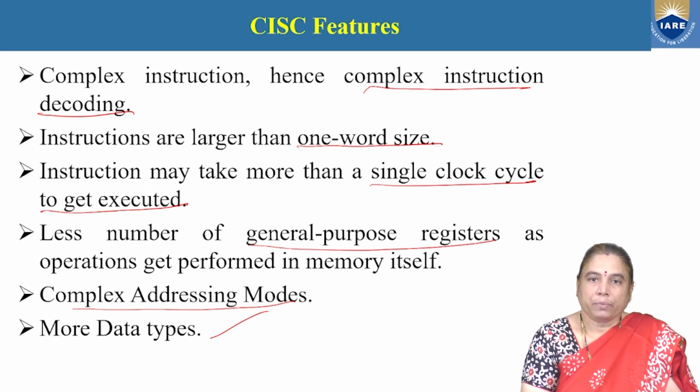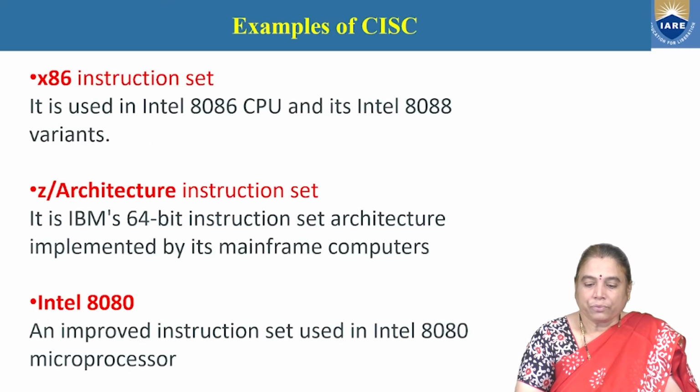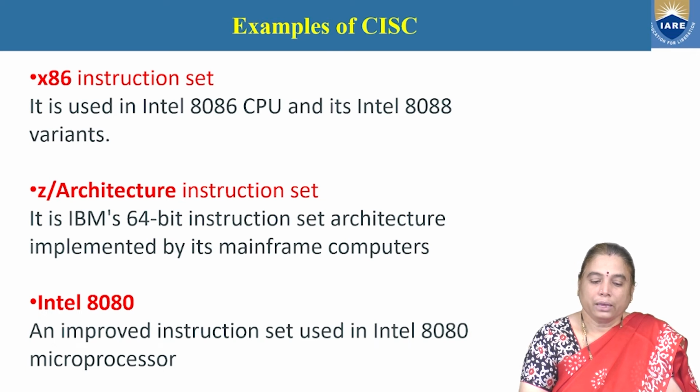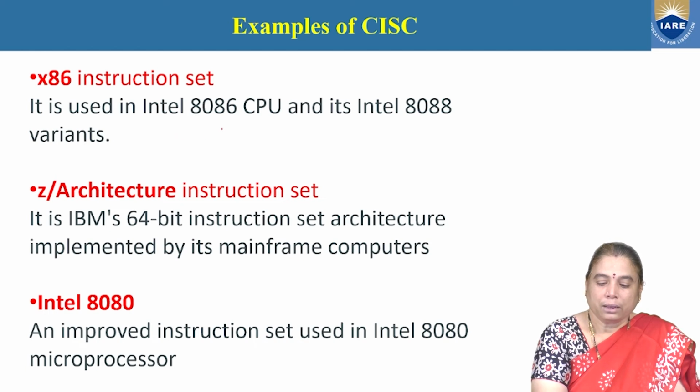Now we have to compare the RISC and the CISC architecture. First, we will look into the examples of the CISC. Here 8086 is one example of CISC architecture.